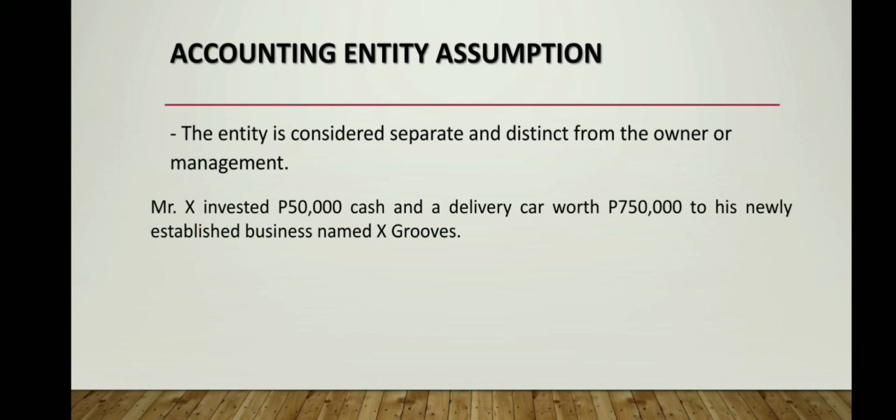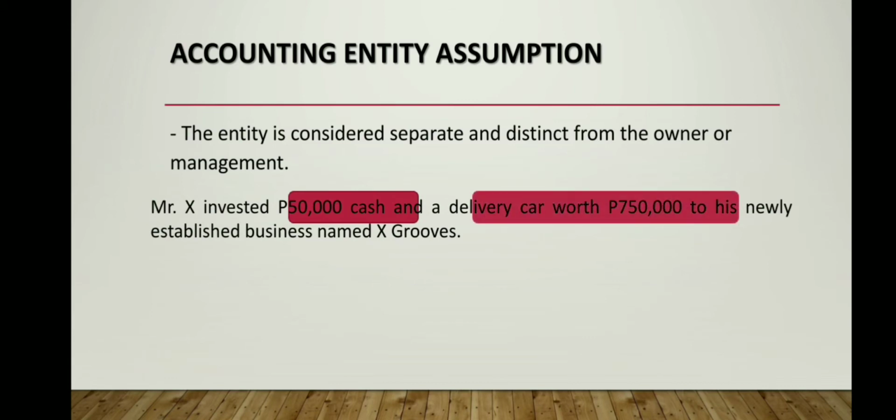So under the accounting entity assumption, the 50,000 cash and the delivery car worth 750,000 pesos is now owned by X Grooves. Therefore, Mr. X could no longer use the cash and the delivery car for his personal interest since it is now owned by the business.